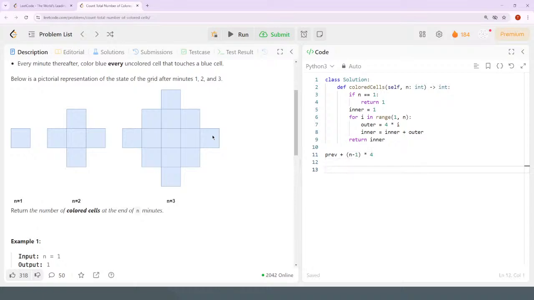So start with previous is 0 plus 0. No, we start with just 1. So the previous one is 1 plus 2 minus 1 times 4. The previous one is 5 plus 3 minus 1 is 2. 2 times 4 is 8. So it's 13. Previous 13. Times 4, 12, 13, 25.